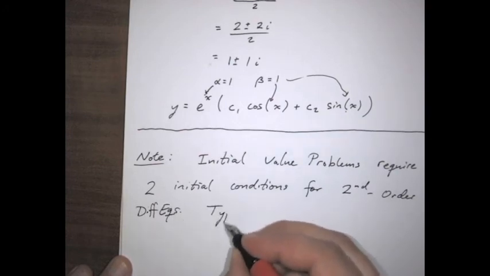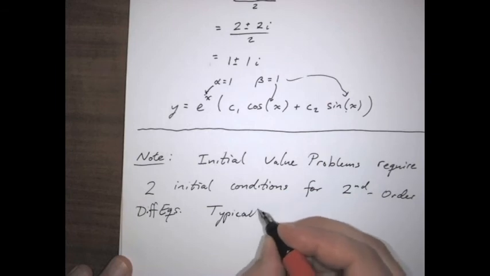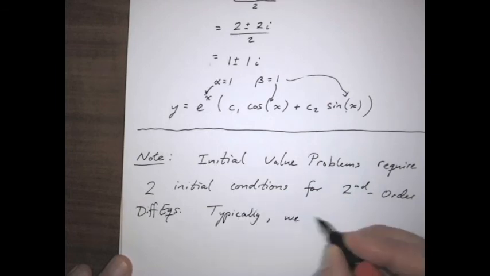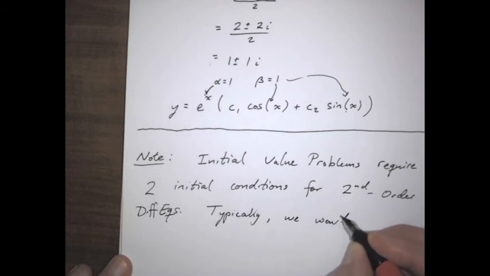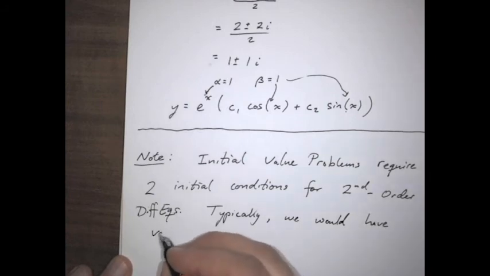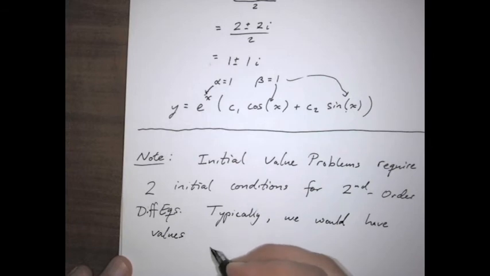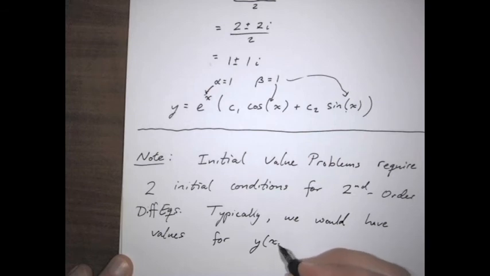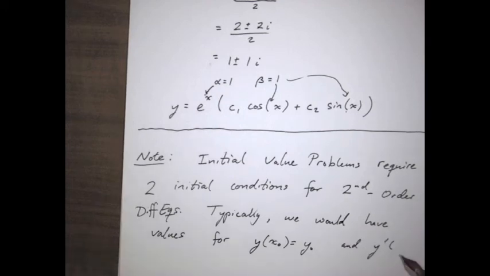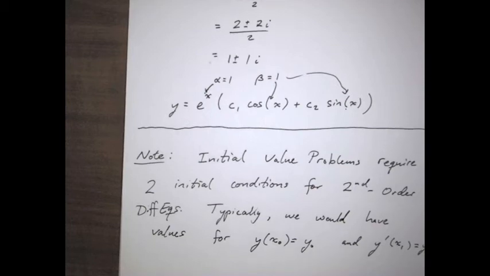Typically, we would have values for y of x naught, which equals y naught, and y prime of x1 equals y1 prime.